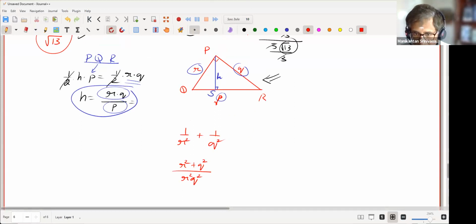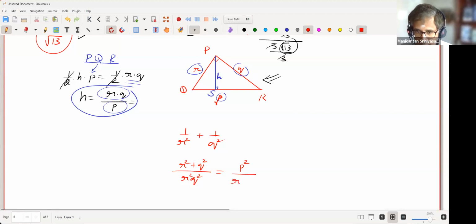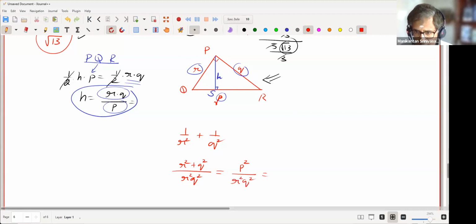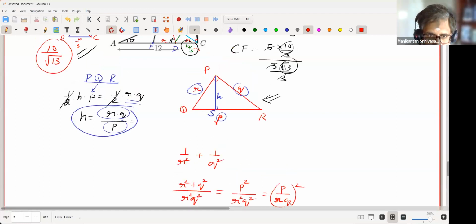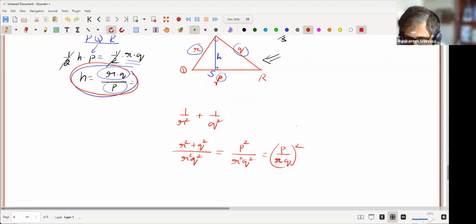But r square plus q square is your p square, the hypotenuse, so p square upon r square q square, which is p upon rq, the whole square. But we just saw that h is rq upon p. So this is nothing but 1 upon h whole square.